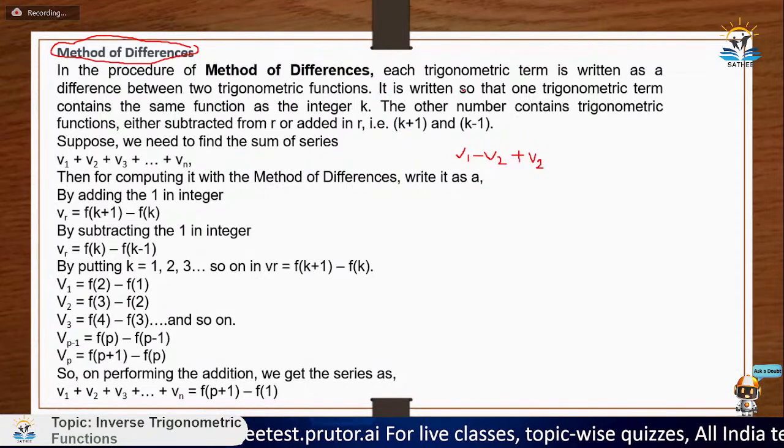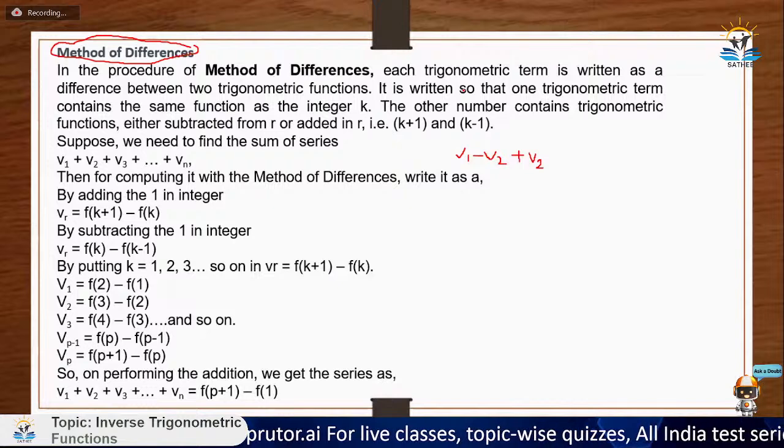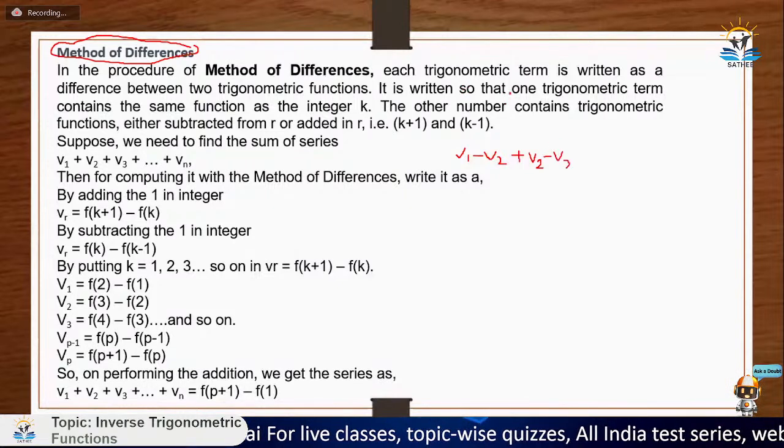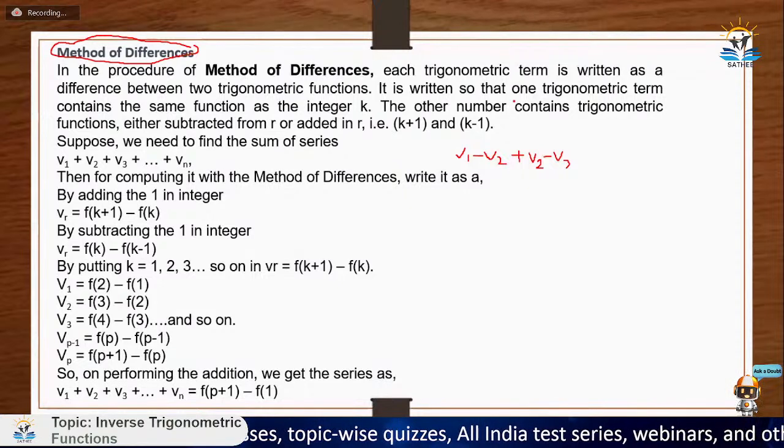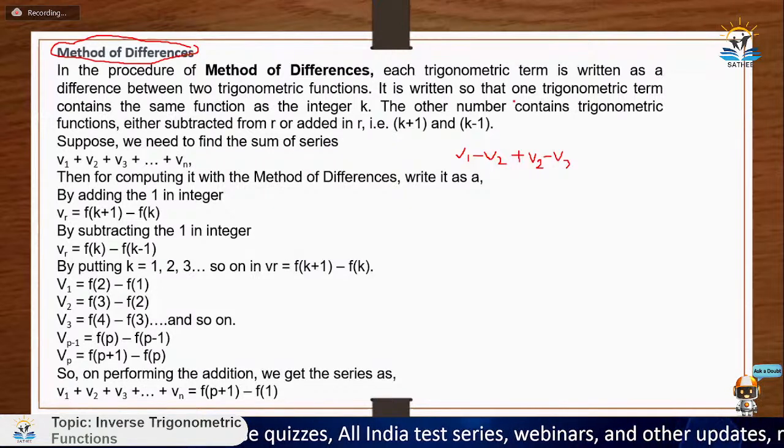So I'm letting cot inverse of 1 plus x equal to A. From here, I get cot A equal to 1 plus x.